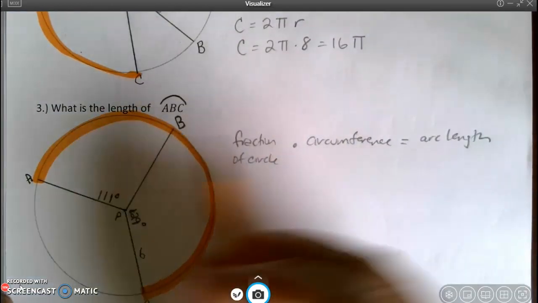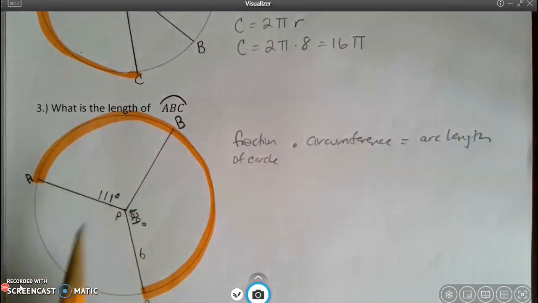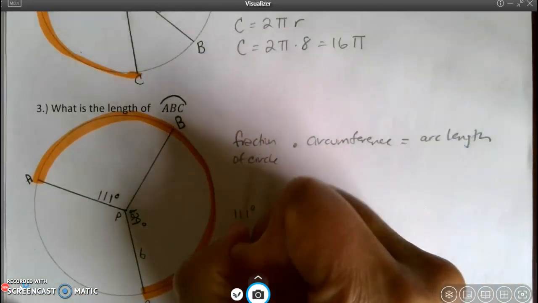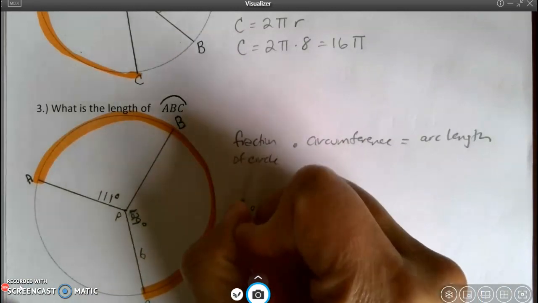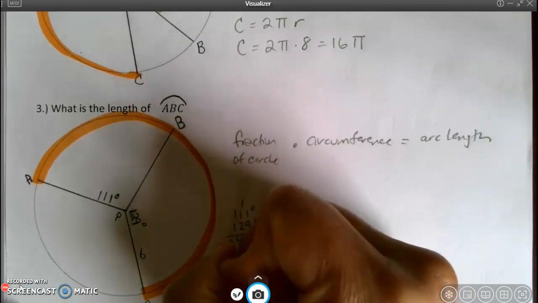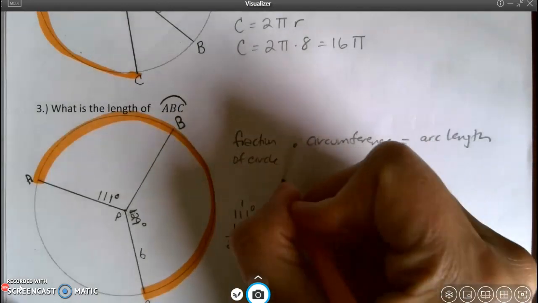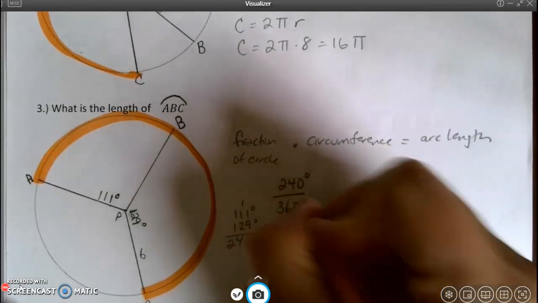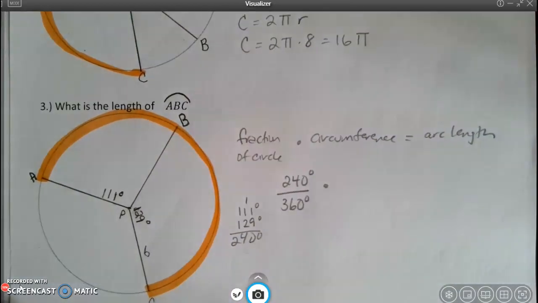My fraction of the circle is 240 degrees out of 360 times the circumference.